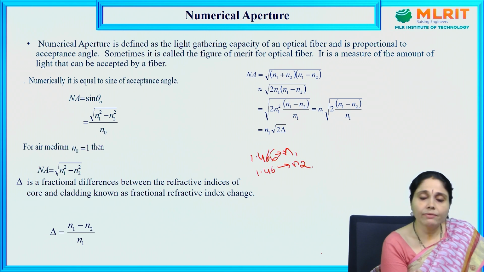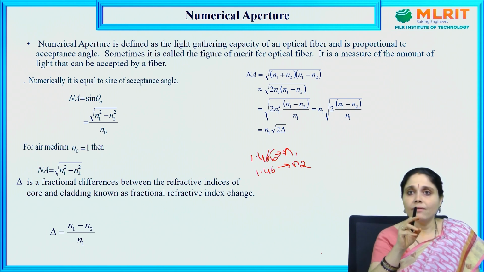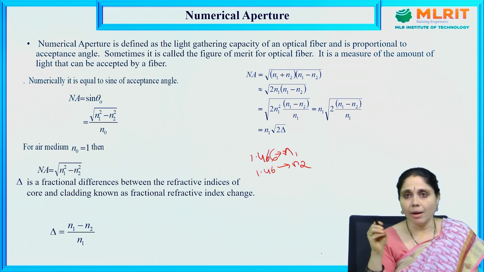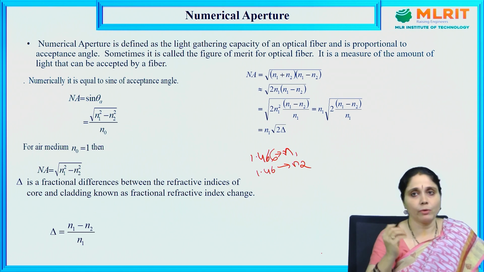There will be a small difference because the core has a small diameter and the cladding also has a very small diameter. So the light entering will be very minute, but there will be some difference between the refractive indices.